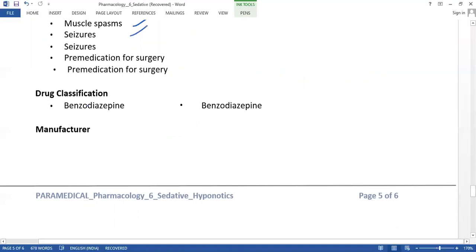Now the drug classification: this is a benzodiazepine, and this is also a benzodiazepine. Both are the same.